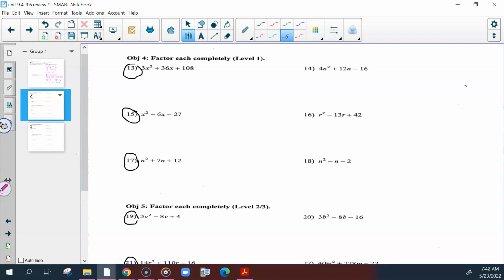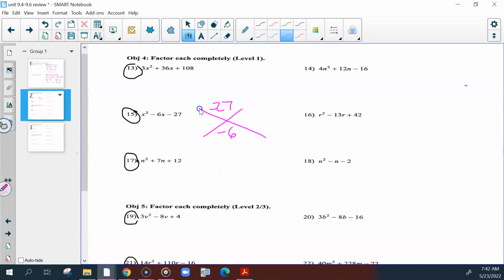So for 15, there is nothing in front of x squared, so it would be essentially 1. So we're looking for two numbers that multiply to be negative 27, but add to be negative 6. If you need to list out a factor tree of all of the numbers that would multiply to be 27, one of them has to be negative.